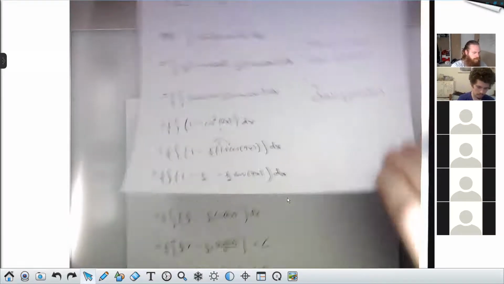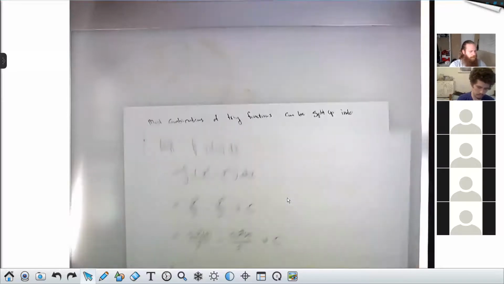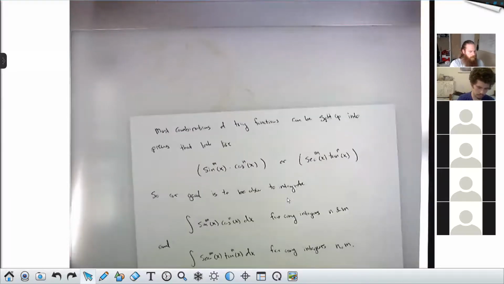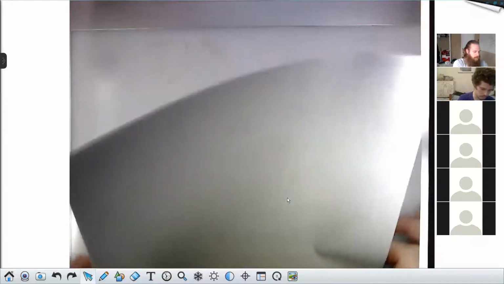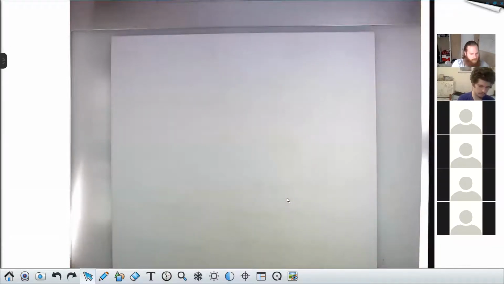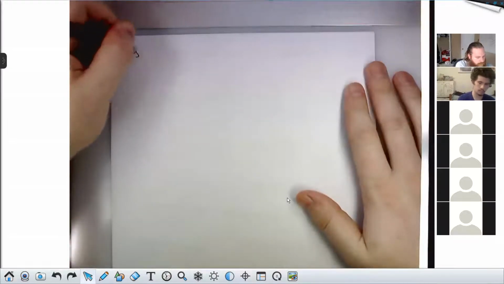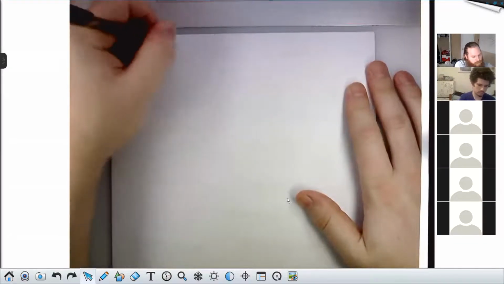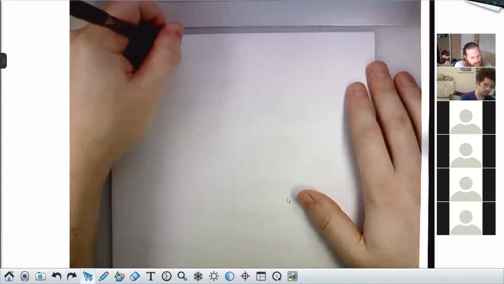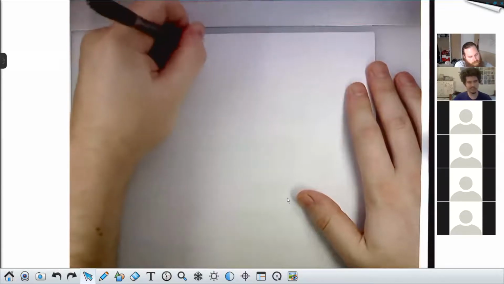Okay. Let's finish this up by at least setting up one more with these even powers. I don't know if I want to spend the class time to work this all the way, but let's take a look. So let's pretend this is just sine to the 4 of x dx.